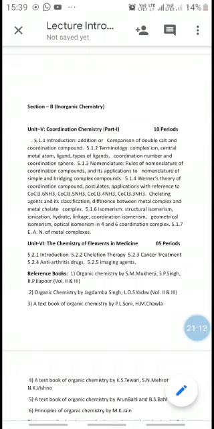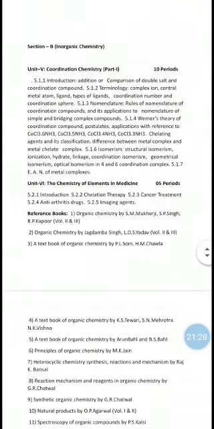Then next is imaging agents. Now in imaging agents, we have to see which are the imaging agents that can be used to scan our body. There are many techniques which use these imaging agents for scanning our body or to test in our body.